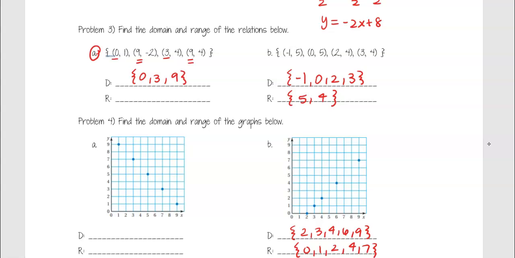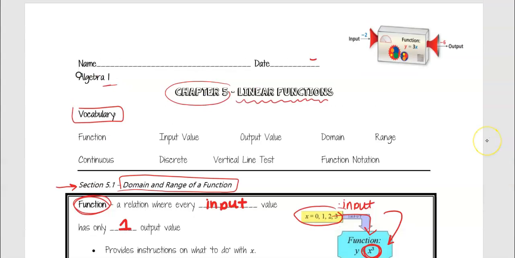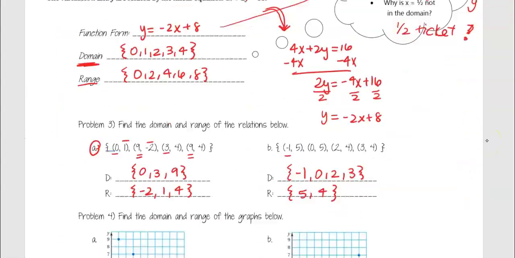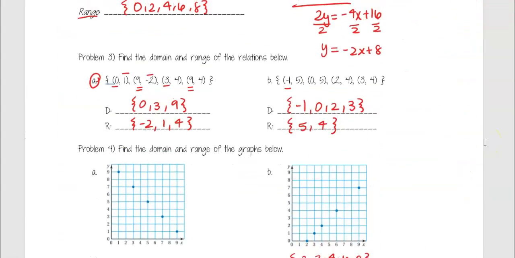My range, I've got negative 2, 1, and 4. That's my range. You can see my domain is here. Here's my x's. X's for my domain. Range 5, 5, 4, and 4 is my range.